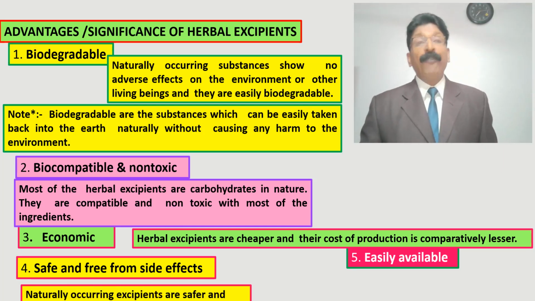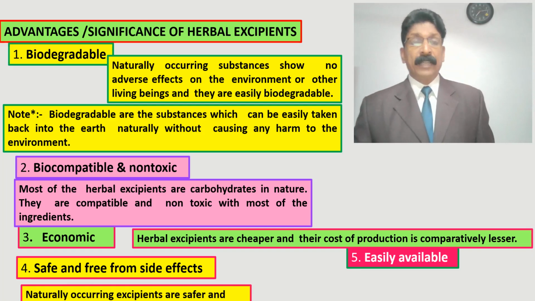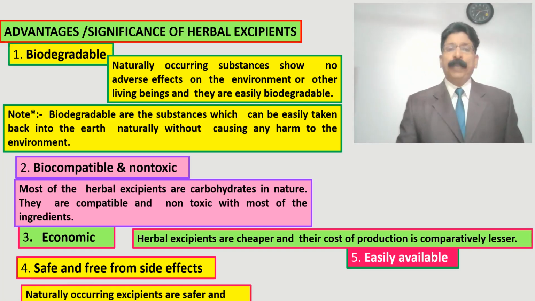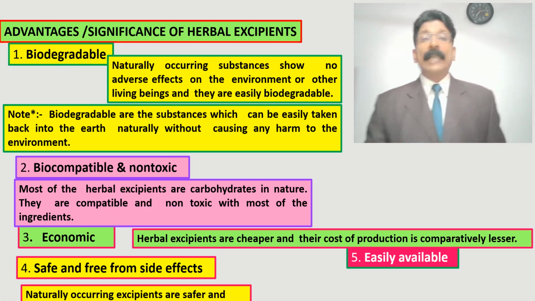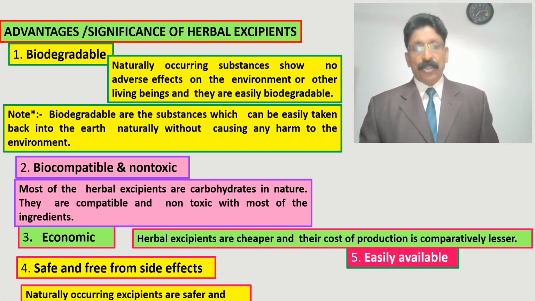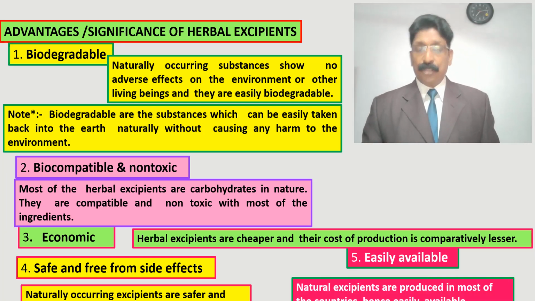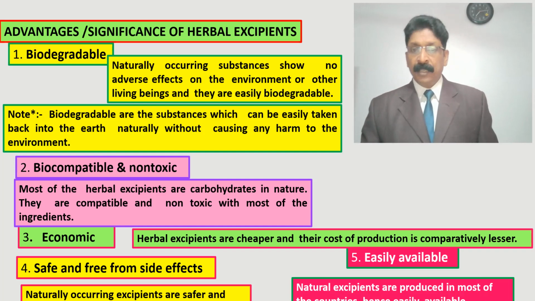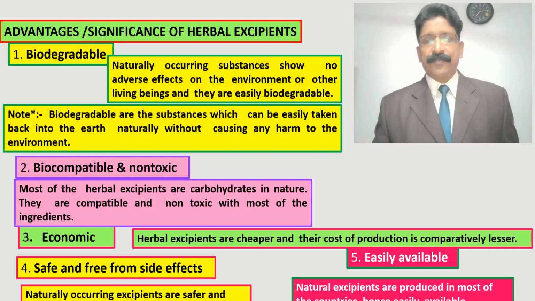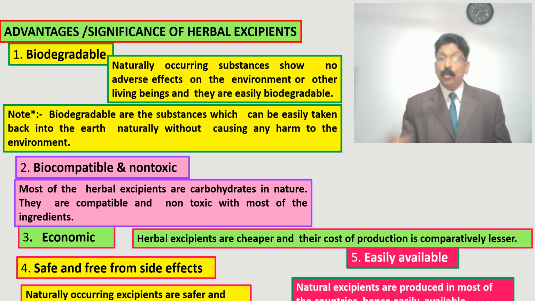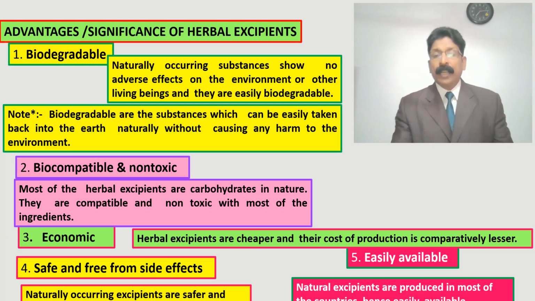Safe and free from side effects: naturally occurring excipients are safer and without any side effects. So it's a great advantage for us to use natural excipients. Easily available: natural excipients are produced in most of the countries, hence easily available.